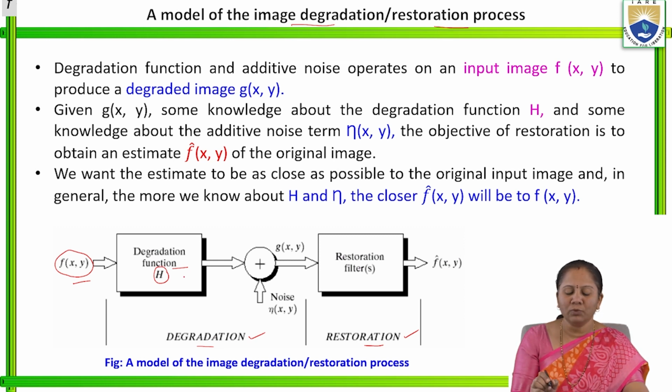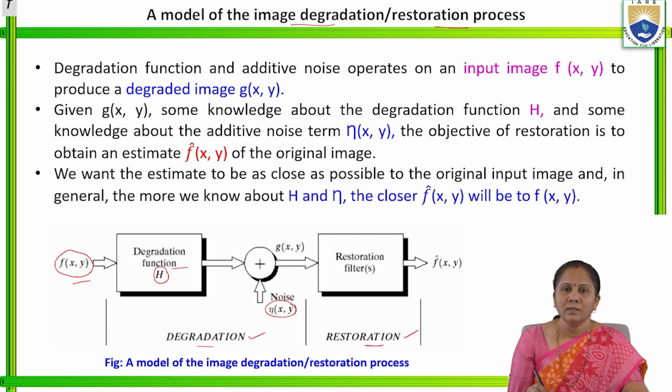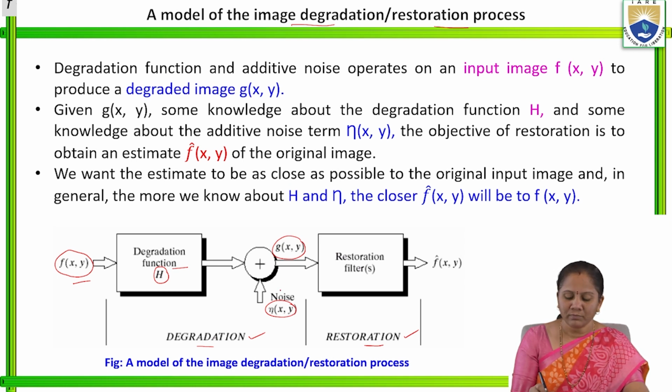The additive noise eta of x comma y is added to the output of the degradation function h. So these two are added here, and the output we get is g of x comma y.